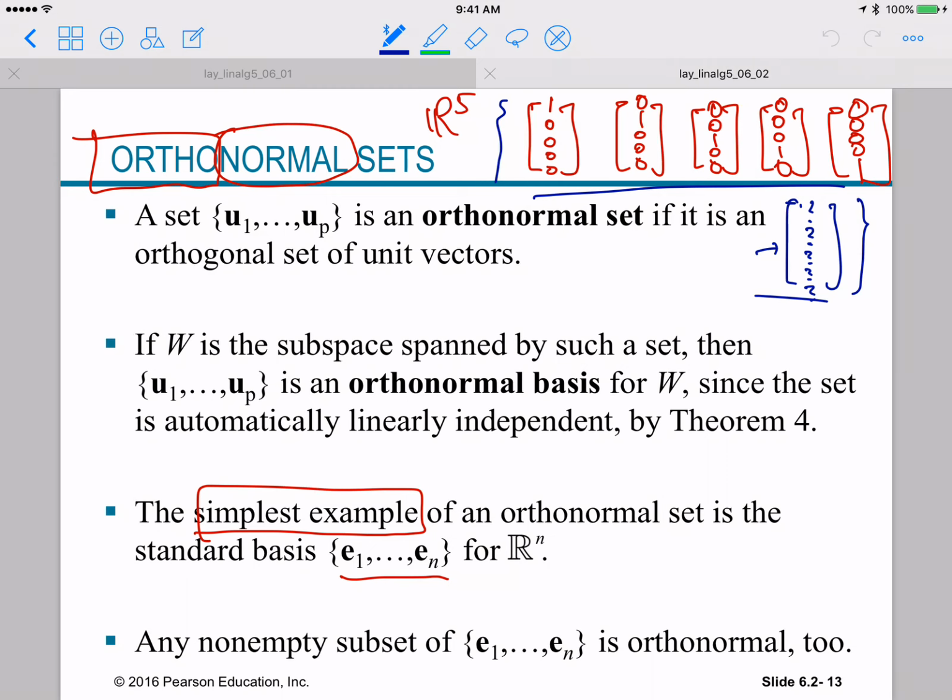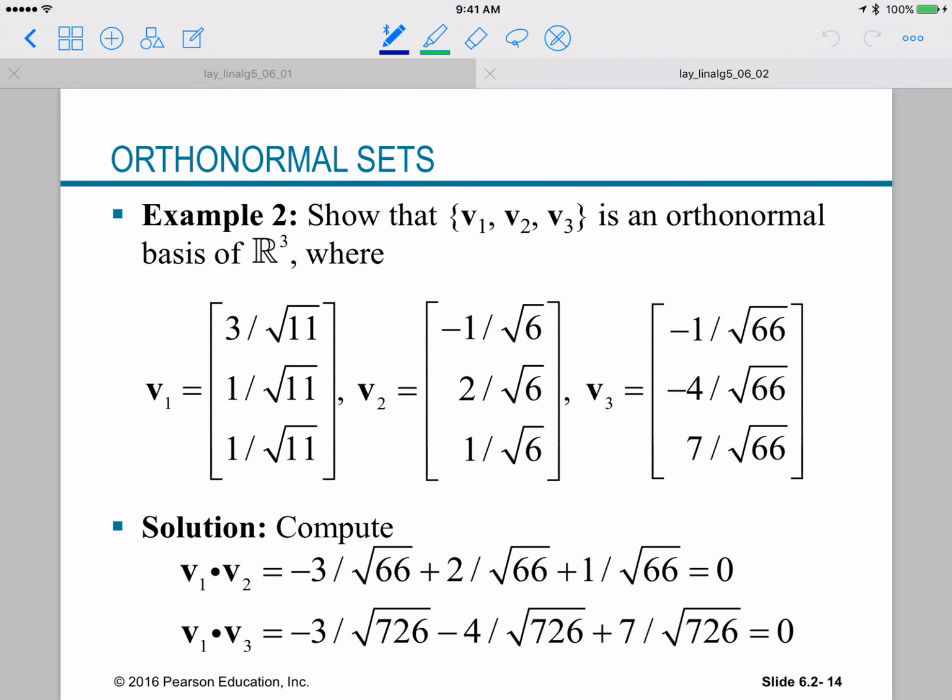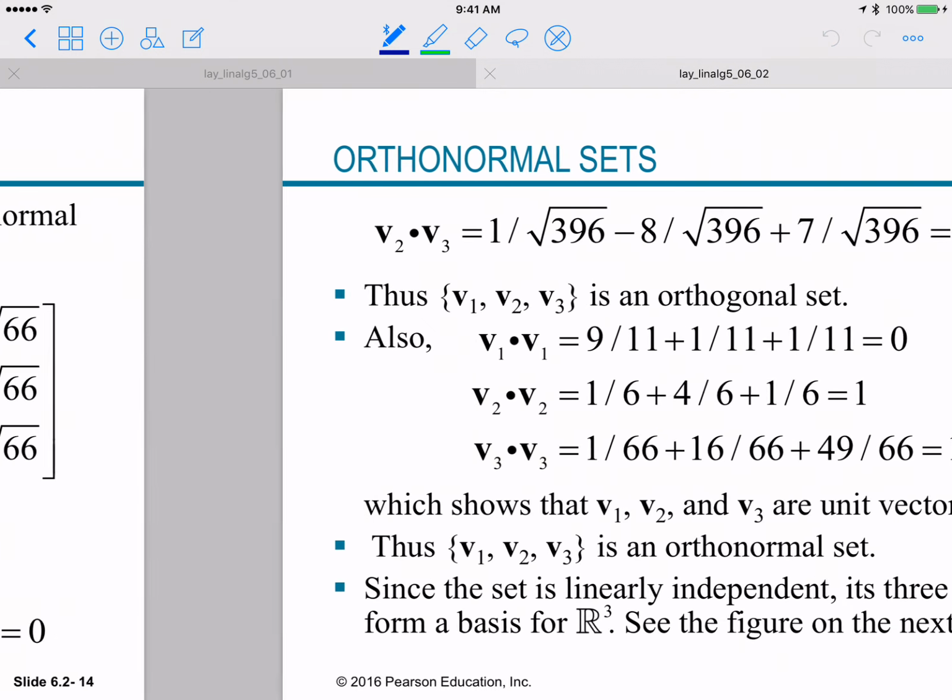They are always linearly dependent, so it can never be orthogonal. And this is one example of an orthonormal basis that has a much more complex form, so it's not just the standard vectors.